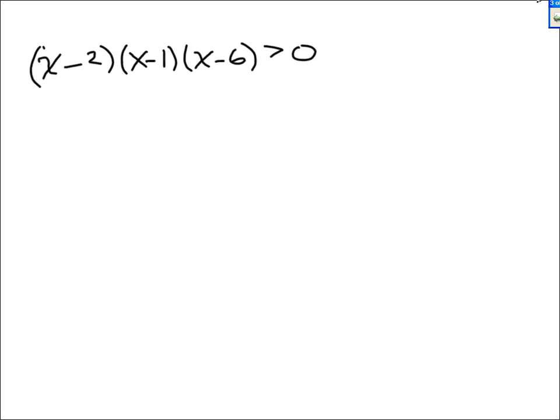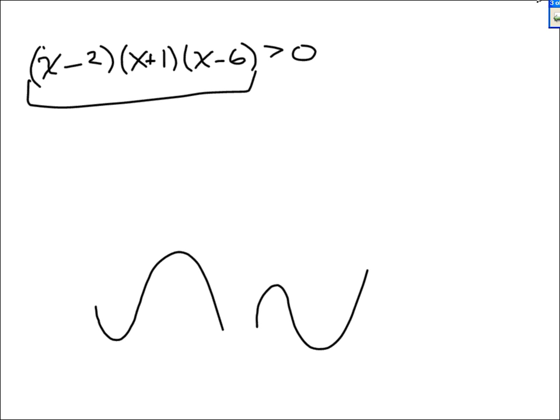Let's let this be x plus 1. When can it change signs? Since this is a continuous function, if you multiplied it out, it's just a cubic equation, and cubics go like that, or they go like that, but you can draw it without lifting your pen.